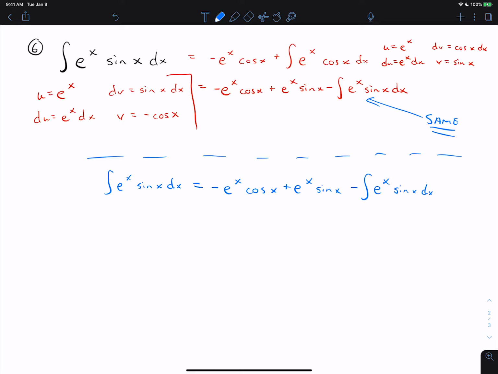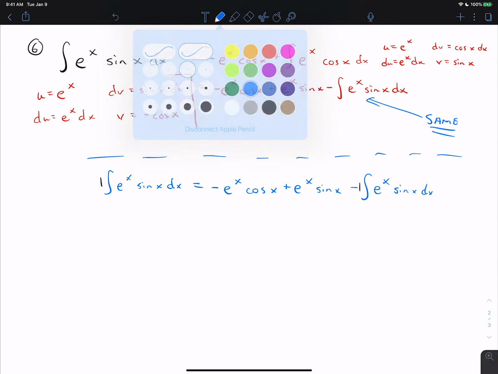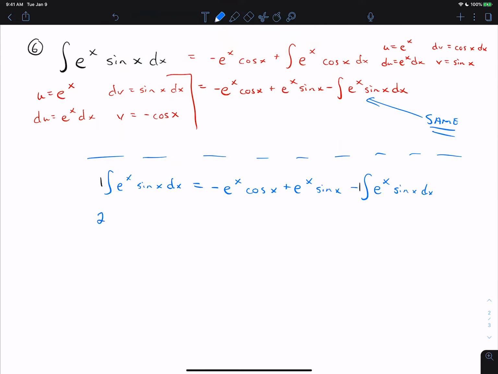So the coefficients of these integrals are 1. And so what we can do is add the integral on the right to both sides. So that would get us 2 times the integral of e to the x sine x dx equals negative e to the x cosine x plus e to the x sine x, and there might be a constant left over. We can put that here or on the next line.